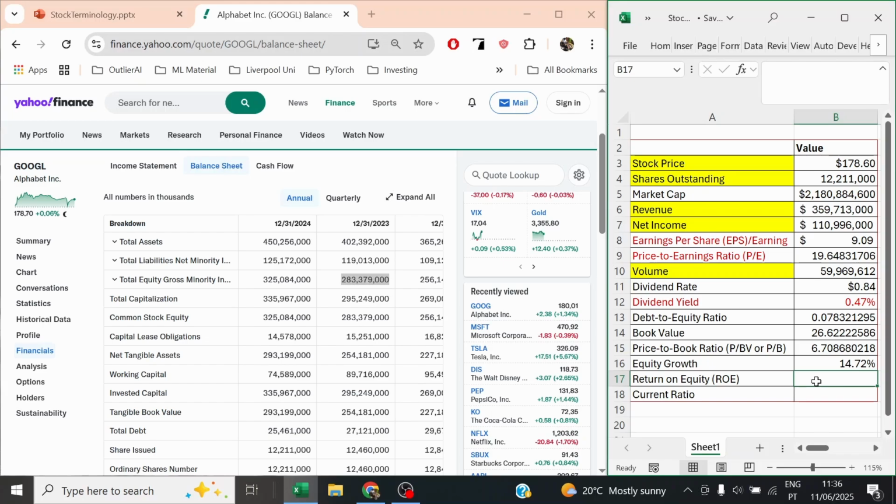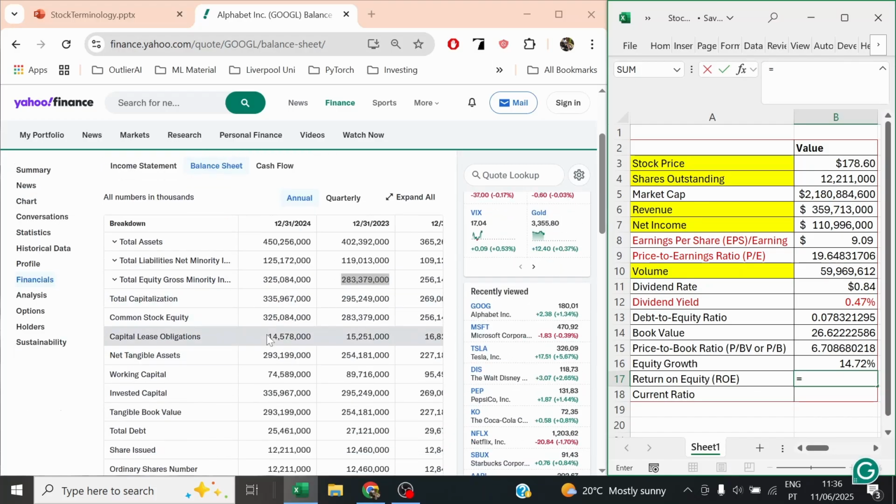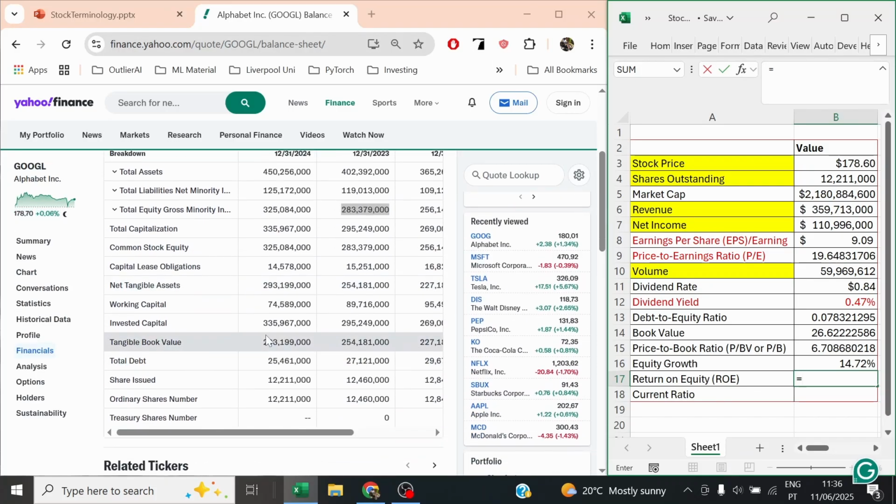Okay, the next term is the return on equity, which tells you how efficiently the company uses shareholders' equity to generate profits. To calculate that, it's actually very easy. It is equal to the net income. Again, we are already in the balance sheet.